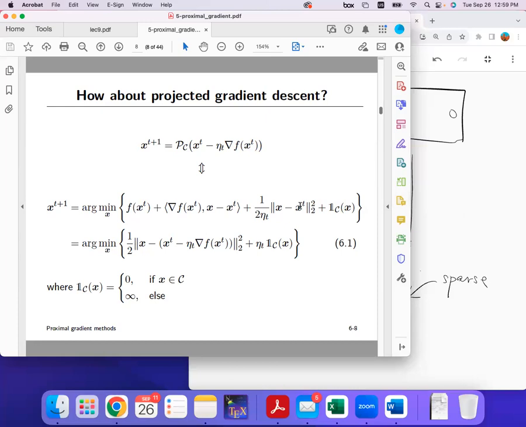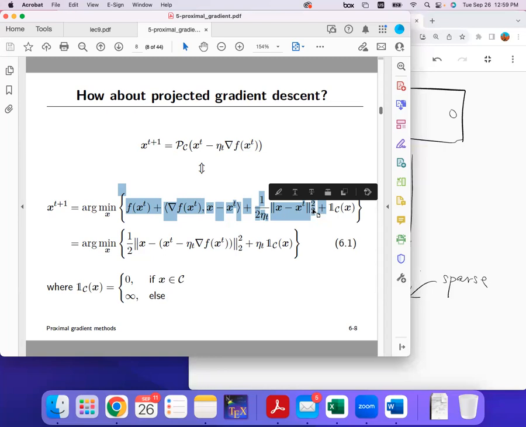So intuitively, you can say that by adding this indicator function of x, we are essentially restricting the optimization of this part within the constraint set C. Because whenever x is in the constraint, it is 0, doesn't affect this problem. Otherwise, it becomes infinity, makes the problem meaningless.